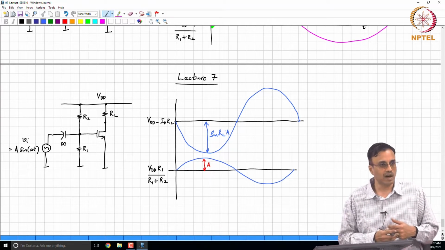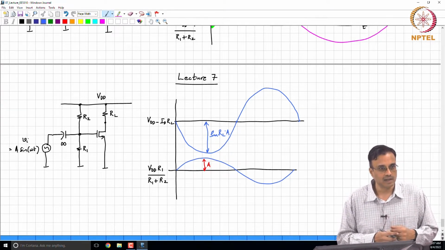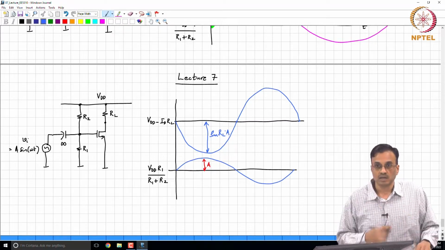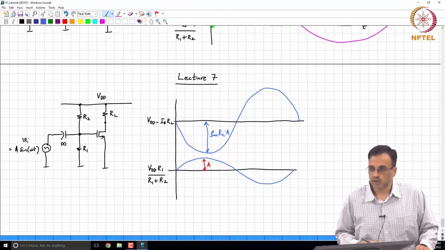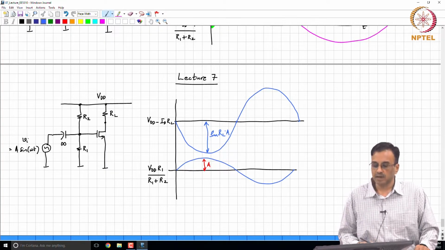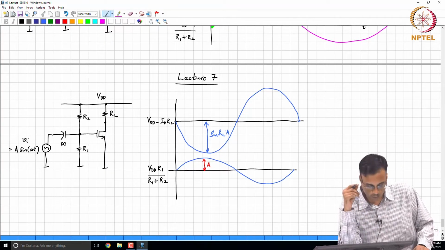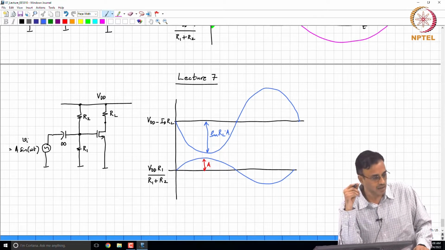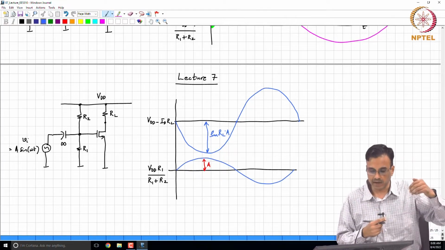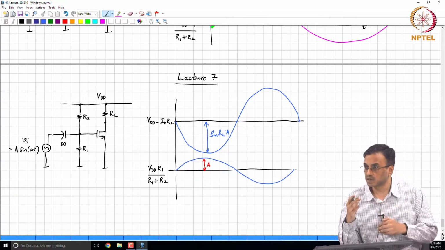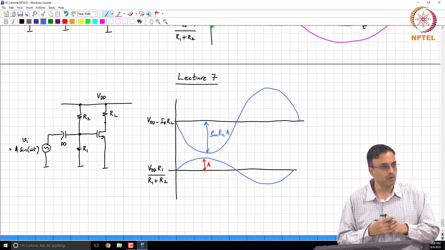In the positive half of the input cycle we see that the transistor is going towards the triode region, and if the input A increases beyond a certain limit, what will happen? First, of course, the drain potential will go below the gate potential, and if you increase the amplitude even further, what happens?